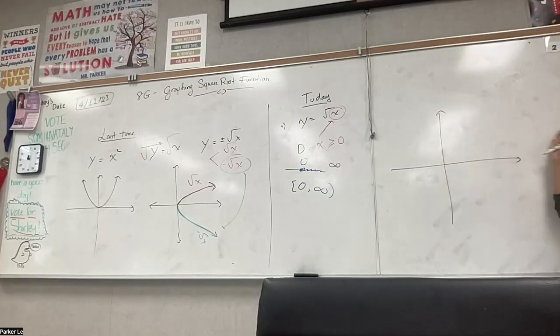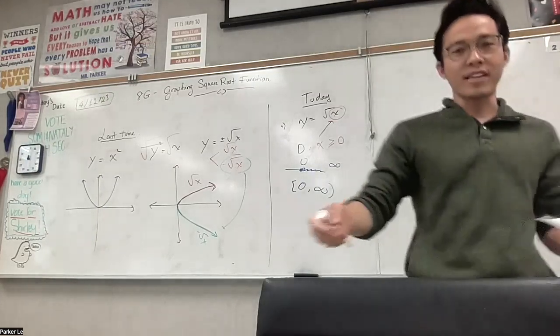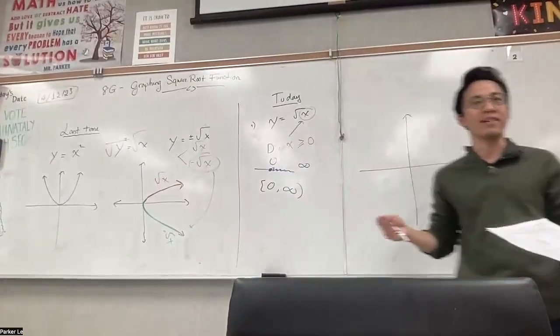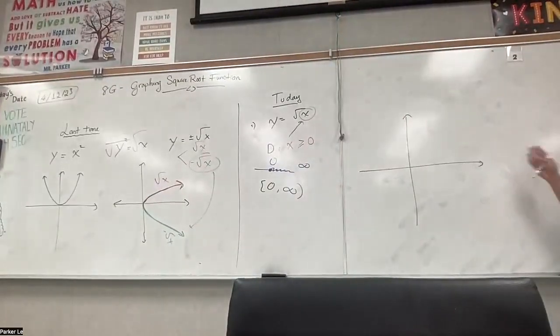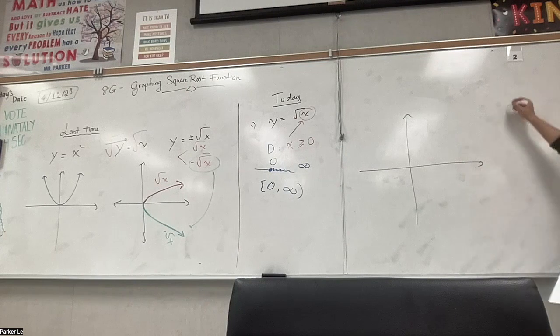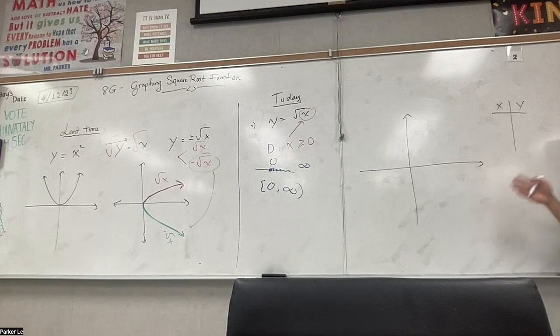And how can we find the point? What is the tool called? The T-table, remember? Every time you want to sketch a graph, you only need the T-table. You find the points.